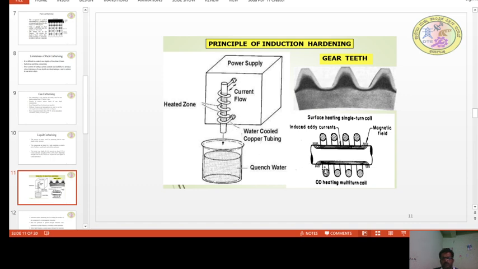So the sectional view you can see here. These are the induced eddy currents on the surface of the shaft, and this is the magnetic field created by the AC current.